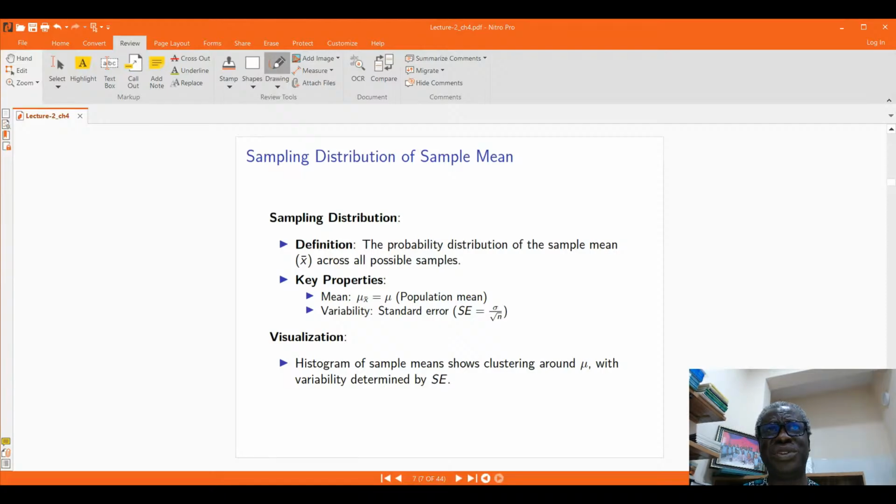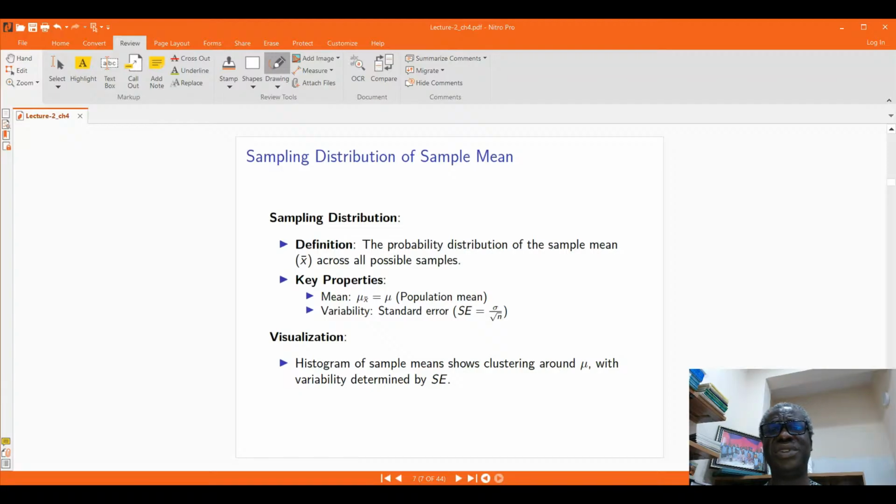The distribution of these sample means is what we call the sampling distribution of the sample mean. So by definition, the sampling distribution of the sample mean is nothing but the probability distribution of the sample mean across all possible samples.